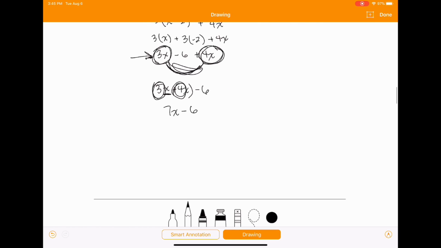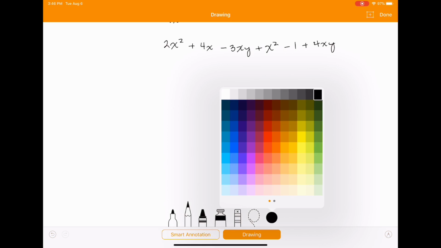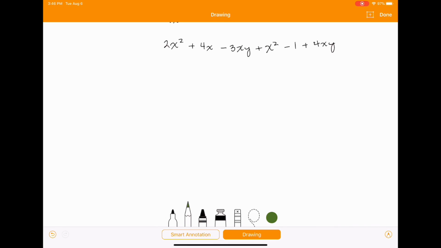So if we had something, for example, like 2x squared plus 4x minus 3xy plus x squared minus 1 plus 4xy. In this example, the terms that you could combine, you could combine this x squared with this 2x squared.